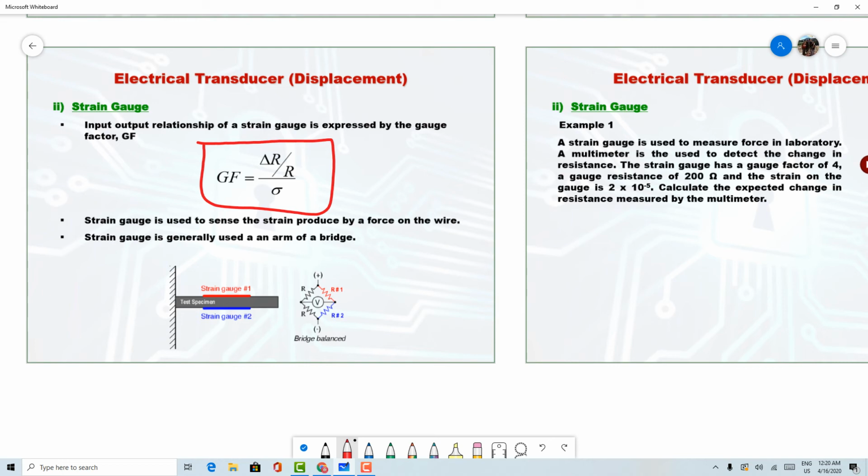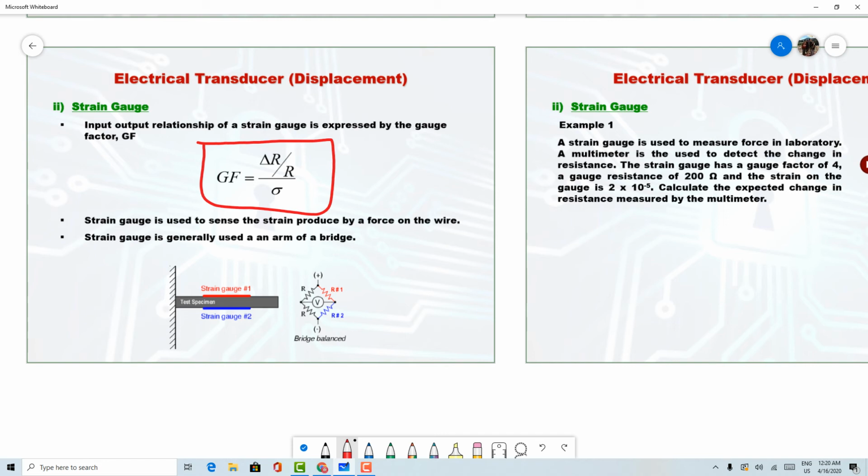Can you see the bridge below? A strain gauge is used to sense the strain produced by a force on the wire. A strain gauge is generally used as an arm of a bridge.